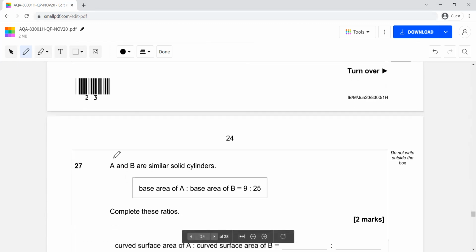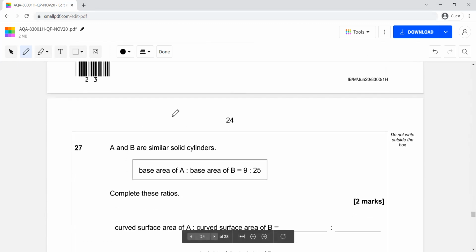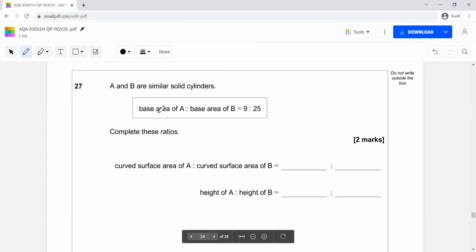Okay. Question 27. A and B are similar solid cylinders. The ratio of the base area of A to the base area of B is 9:25. Complete the ratio for the curved surface area of A to the curved surface area of B. We're still talking about area, so the ratio doesn't change. It's still 9:25.